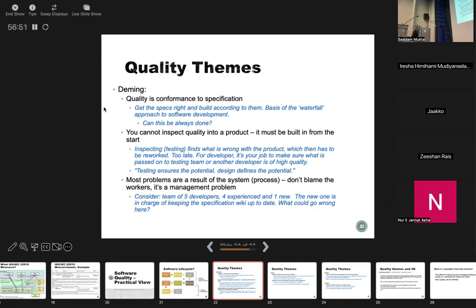So for example, consider a team of 5 developers, 4 experienced and 1 new. The new one is in charge of keeping the specification. What could go wrong here? So one new person, say an intern or new developer, has just come to the organization, and is assigned to keep the spec wiki. It's very difficult because he does not have sufficient knowledge or training.